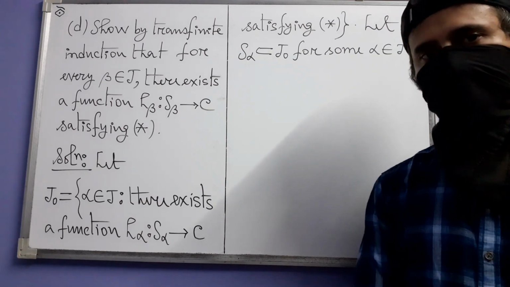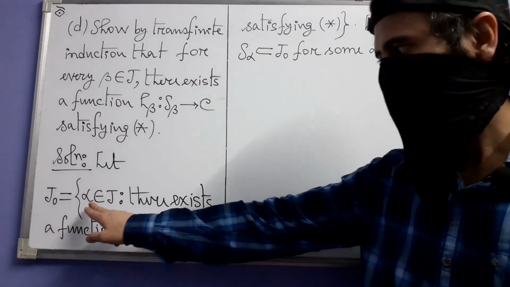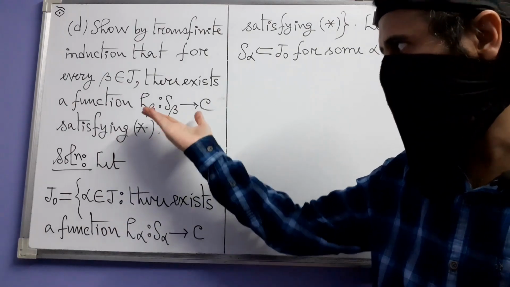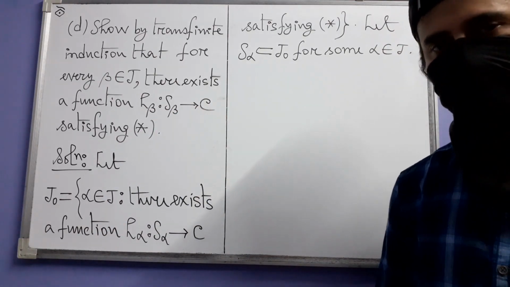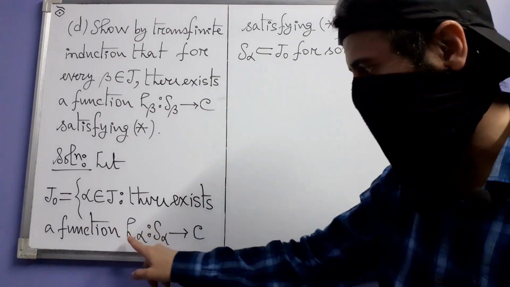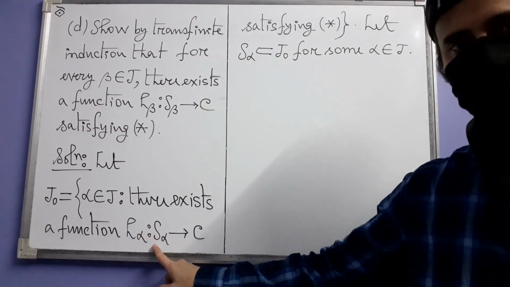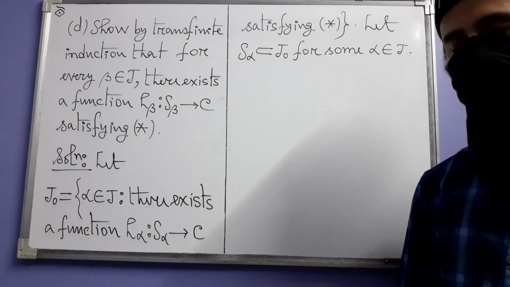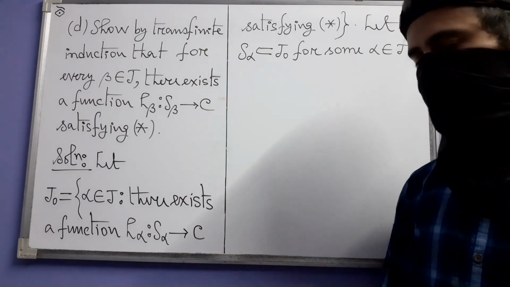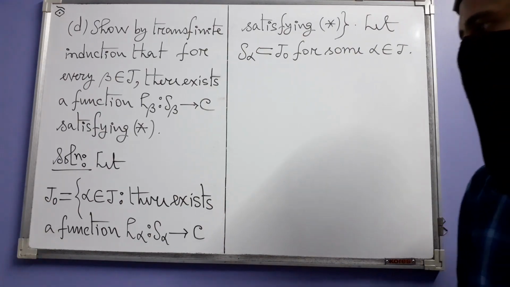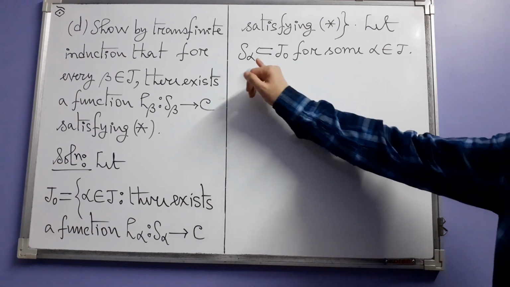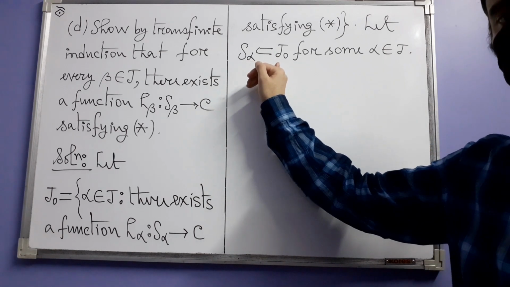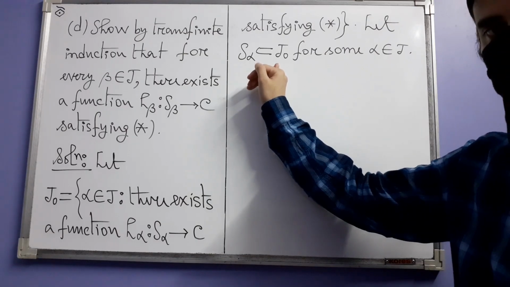So in the solution, we start by considering the set J0 of those alphas, those elements in J for which this claim is true. That is, for which there exists a function H alpha from S alpha into C that satisfies star. To apply transfinite induction, we have to take any section S alpha as a subset of J0.